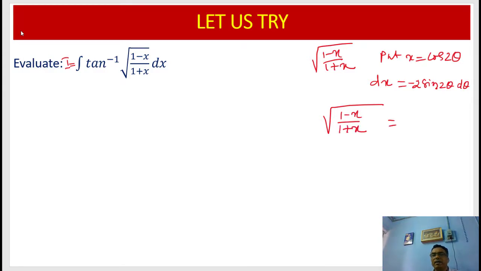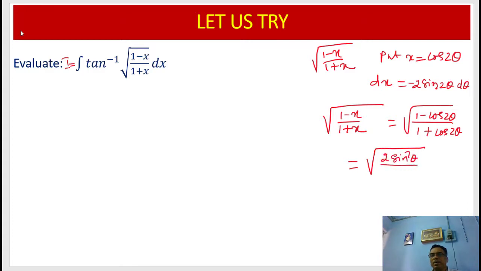Then what does under root (1 minus x) by (1 plus x) become? It is under root (1 minus cos 2 theta) divided by (1 plus cos 2 theta). What is 1 minus cos 2 theta? It is 2 sin square theta.